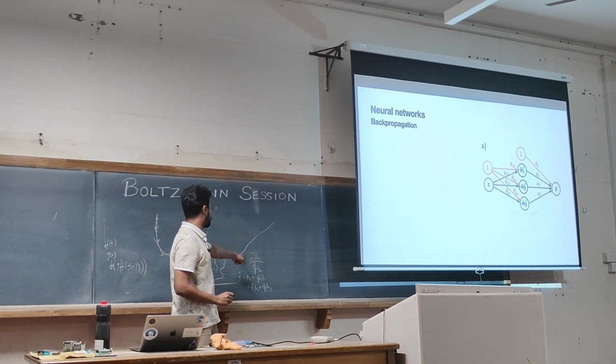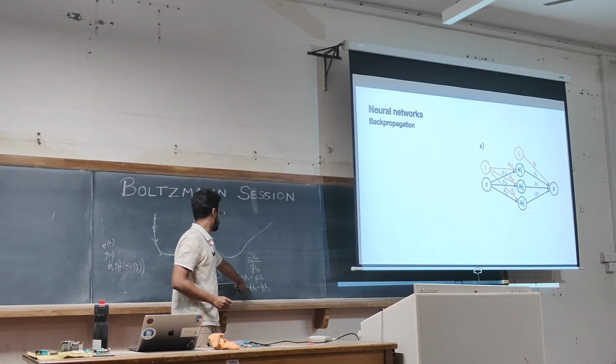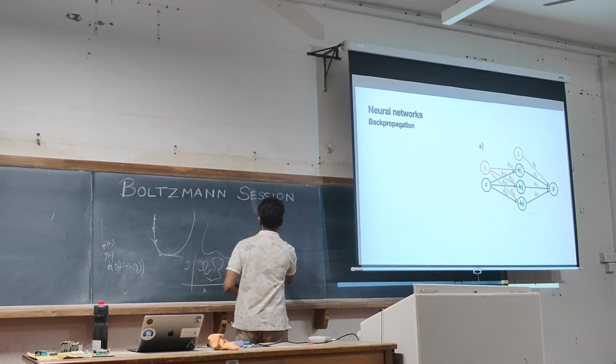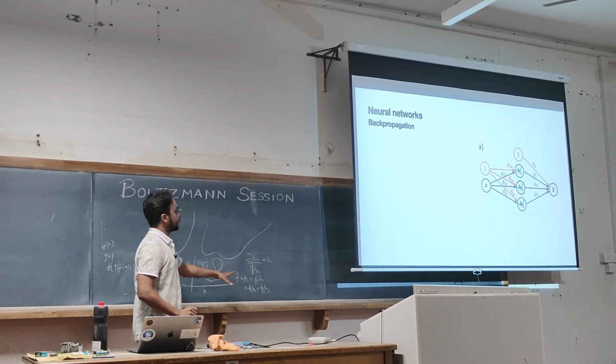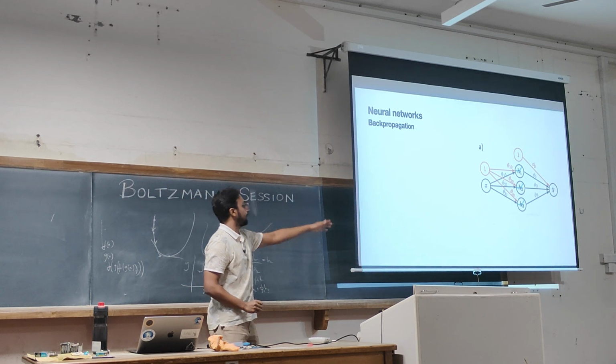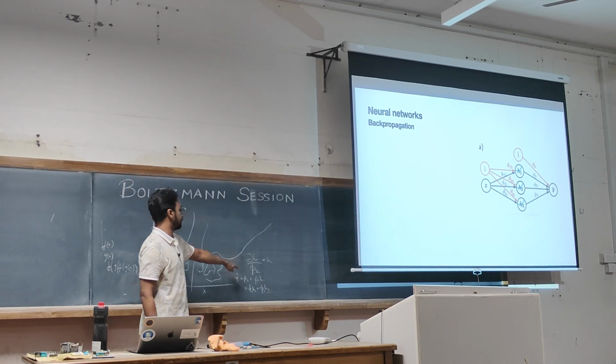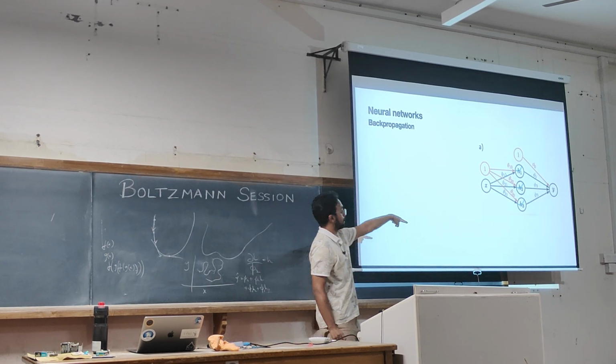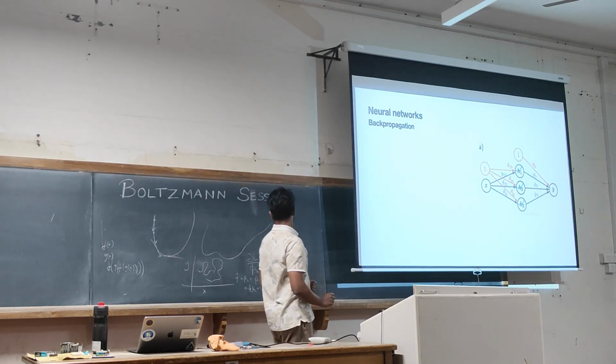So the partial derivative of it with respect to phi 2 is just h2. For the outer layer, you can directly compute these partial derivatives because you know what these functions are from the forward pass.